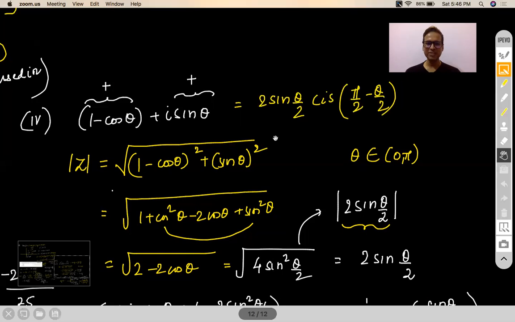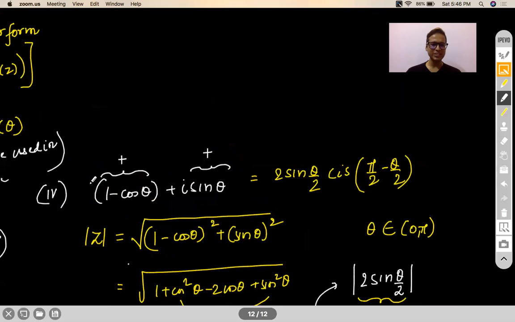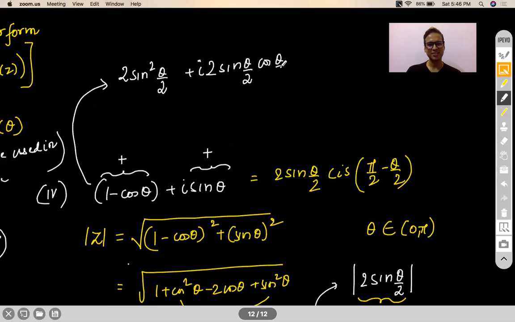Now, there's an alternative way also to do it. Instead of doing all these things, you can directly use your half angle formula straight away. Take 2 sine theta by 2 common. You'll end up getting sine theta by 2 plus i cos theta by 2.